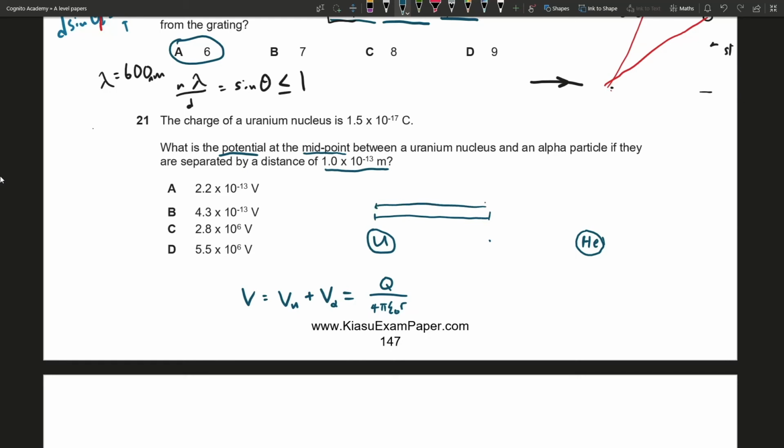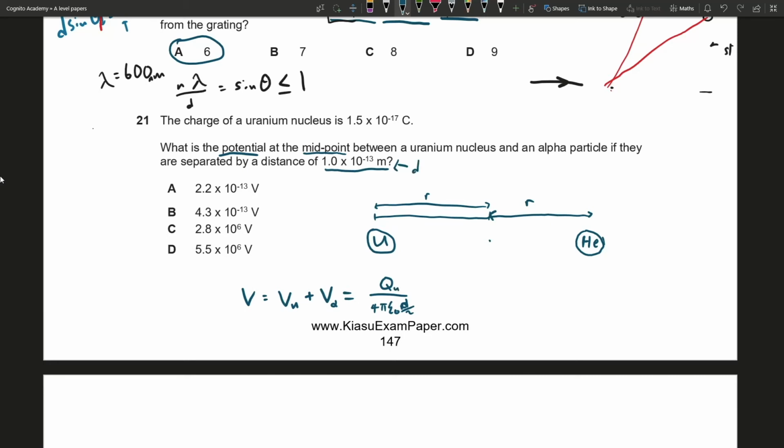So this thing is r over here, same thing here, this thing is also r because it's at the midpoint. So r we can just replace with d over 2, where d is this value.